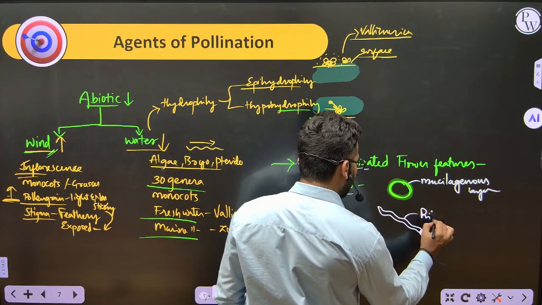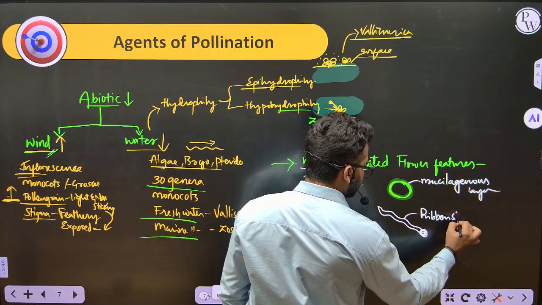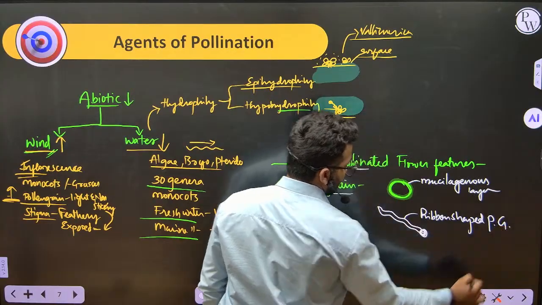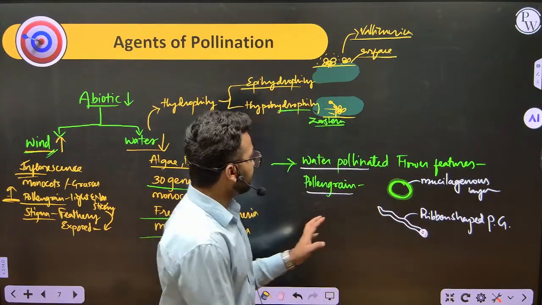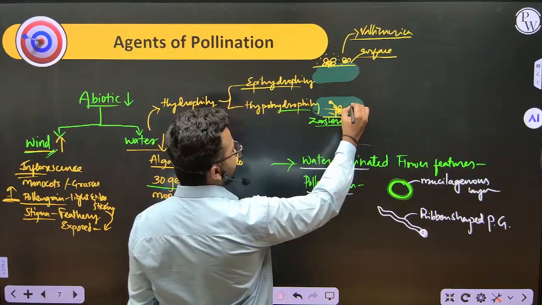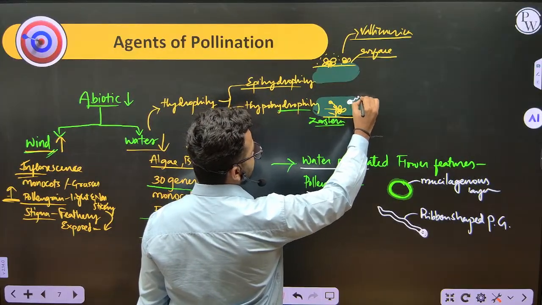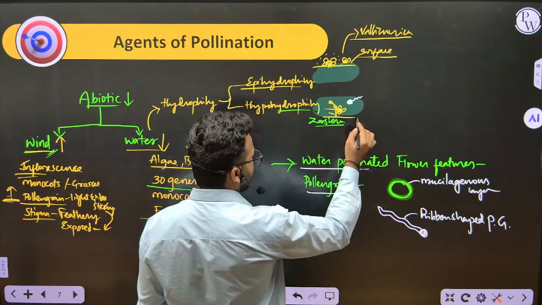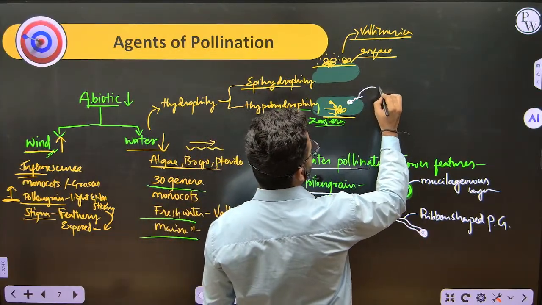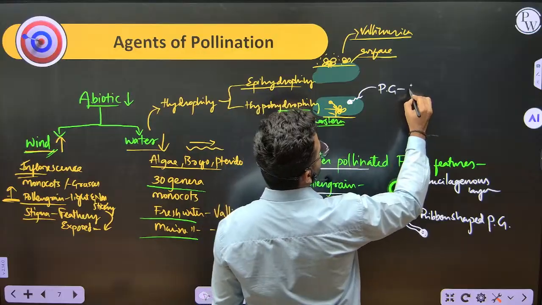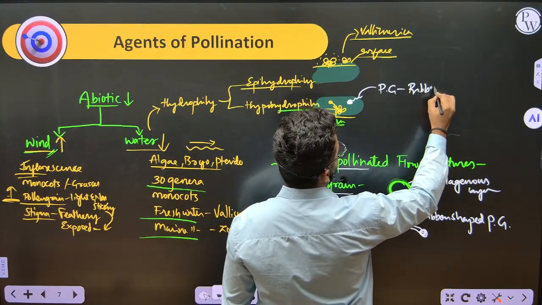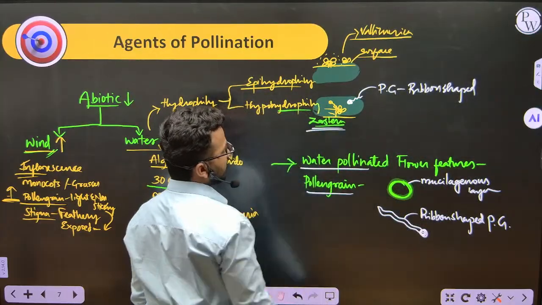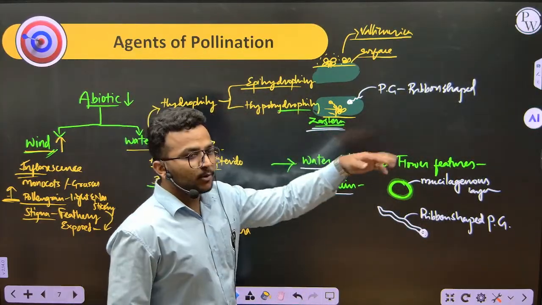These are ribbon shaped pollen grains. Ribbon shaped in the sense, in case of hypohydrophily, the pollen grains have to reach there from here to here, especially in marine water. In case of Zostera, the pollen grain will be ribbon shaped.